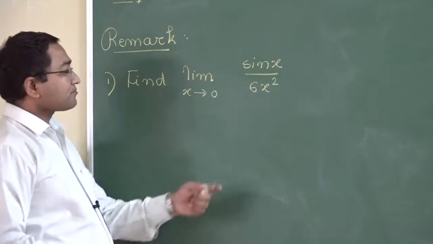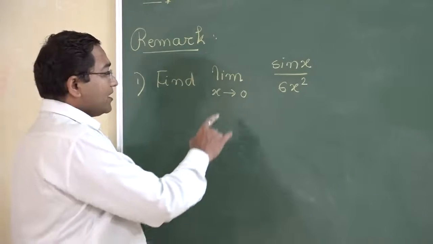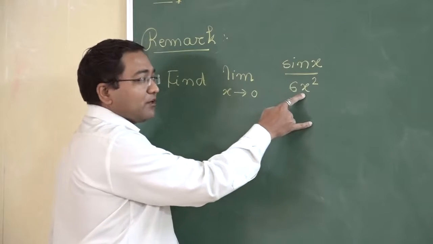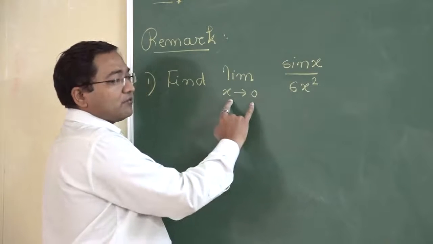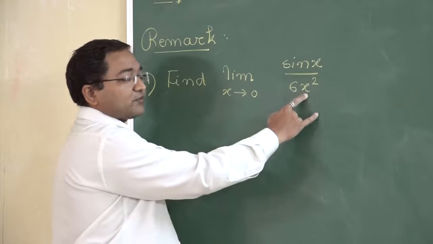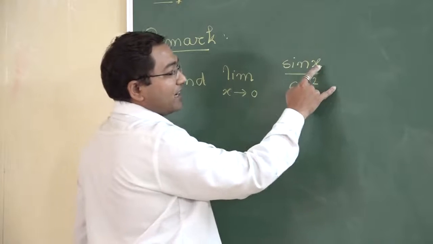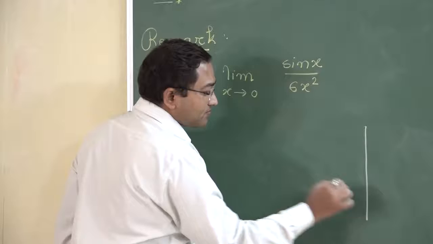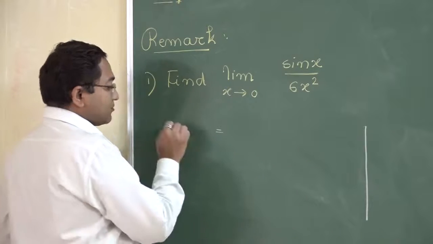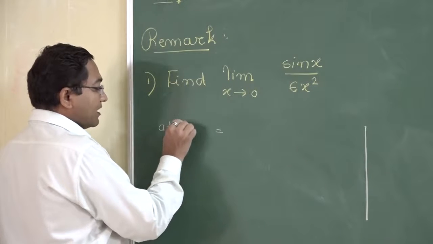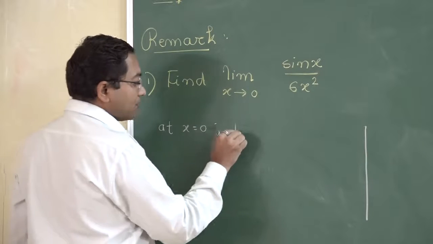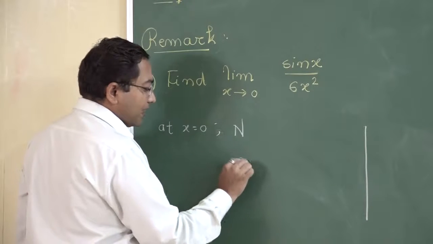So here in this case we do not substitute x equal to 0 directly in the denominator, because when we substitute x equal to 0, the denominator becomes 0, and the numerator also has a 0 value. Suppose we directly substitute x equal to 0 in the numerator and denominator.